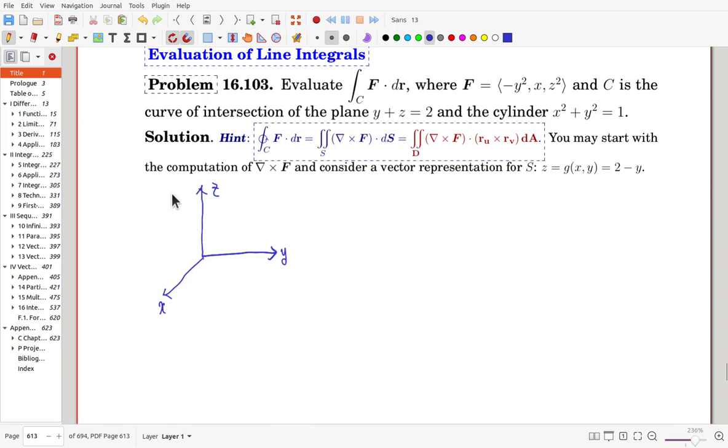The cylinder of radius 1 is given in this way. And now there's a plane, it's cut by that plane. That is a 45-degree angle in the YZ plane, and in the X direction the same, so the plane will cut the cylinder in this way, so that the surface S is given in this way.